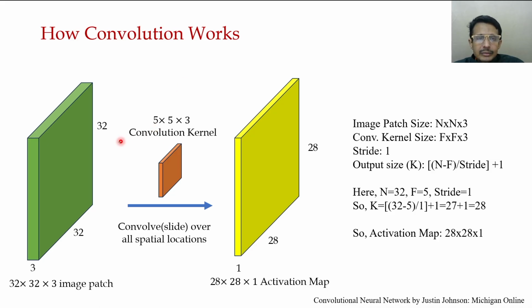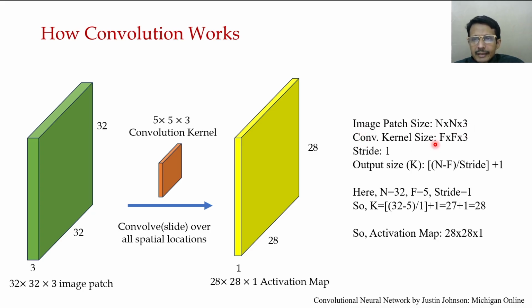Here, the same example. This is the 32 cross 32 cross 3 image patch, and we use the 5 cross 5 convolution kernel and slide over all the spatial locations. Let this 32 be capital N, and 3 is the depth, so n by n into 3 is the image patch size.